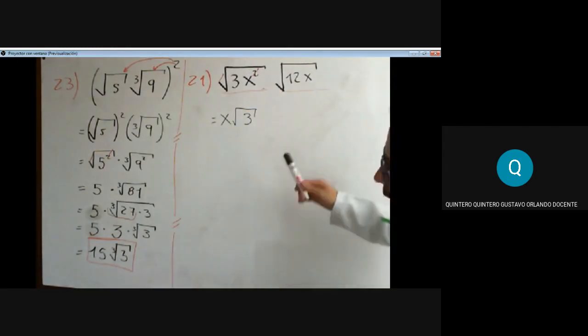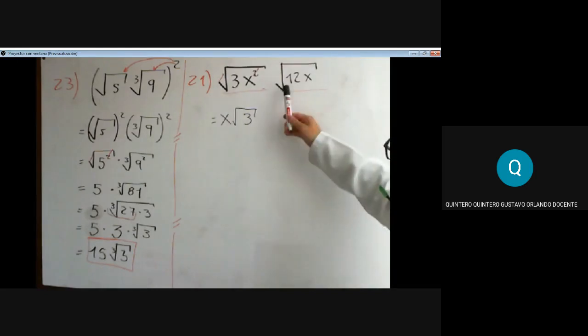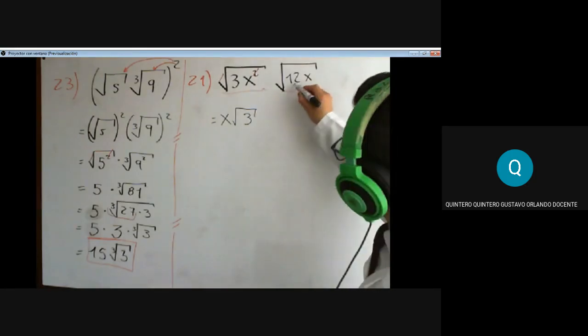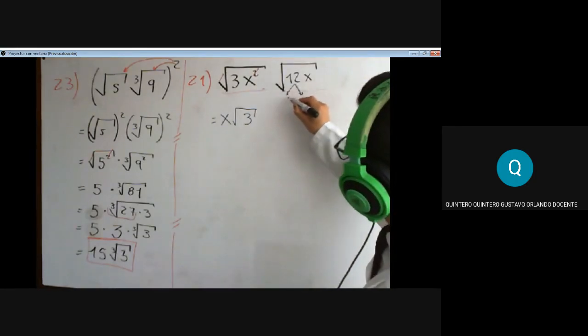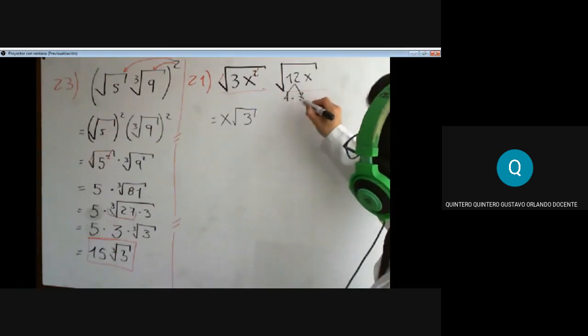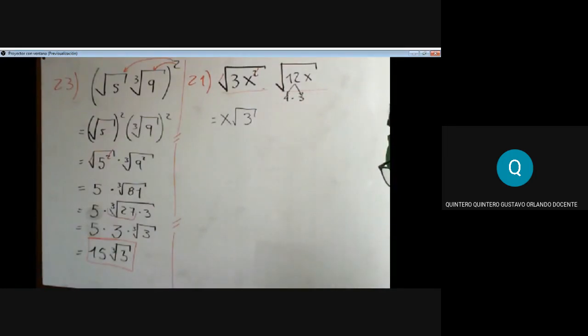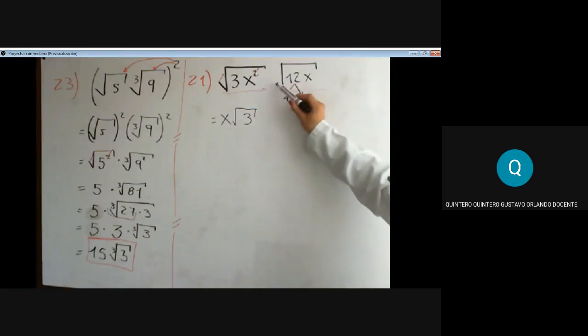Let's continue. How about this part over here? The square root of 12x. What can we do there? Well, this 12 can be expressed as 4 by 3, right? And we can simplify the square root of 4.